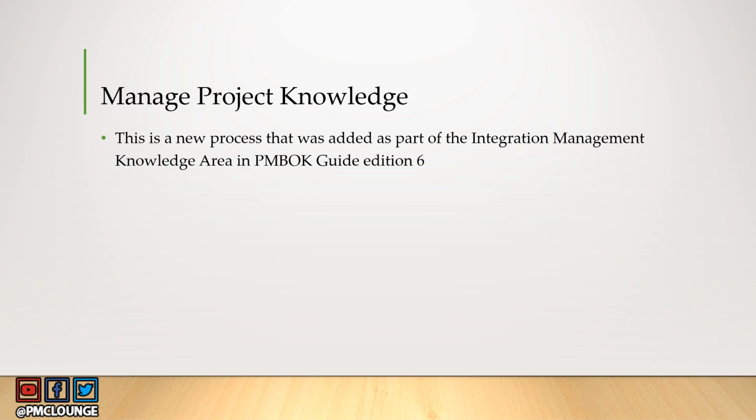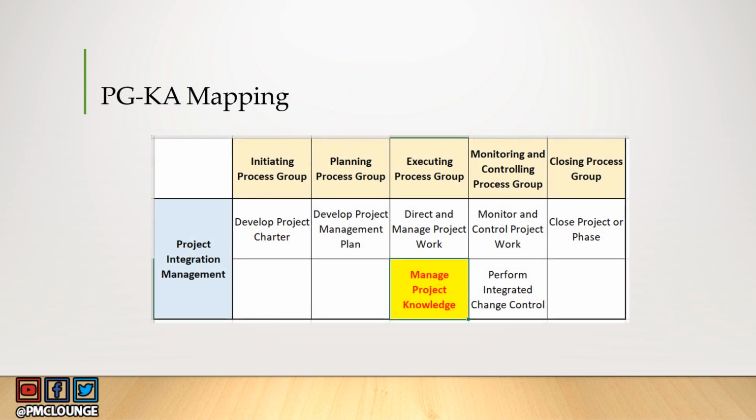So this is a new process that was added as part of integration management knowledge area in PMBOK guide edition 6, something that we have already discussed. Now, it is part of the executing process group. So of the 5 process groups, this process is part of the executing process group. So this is the PGKA mapping.